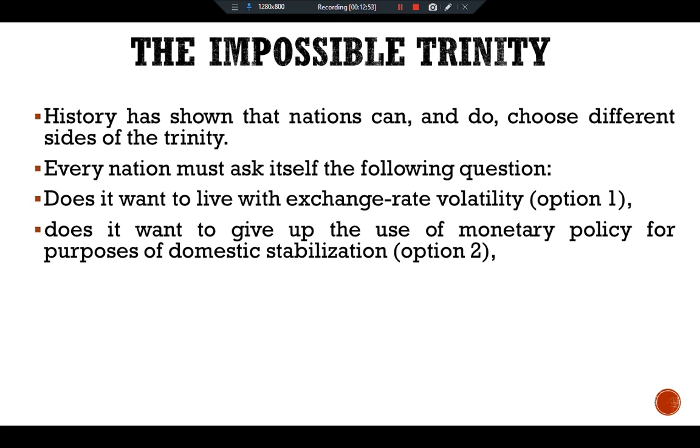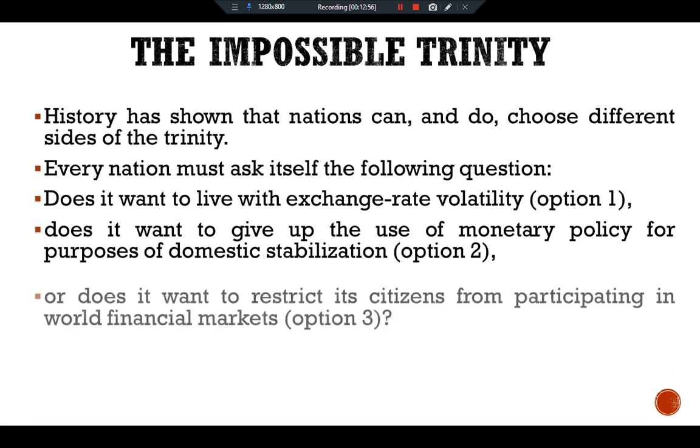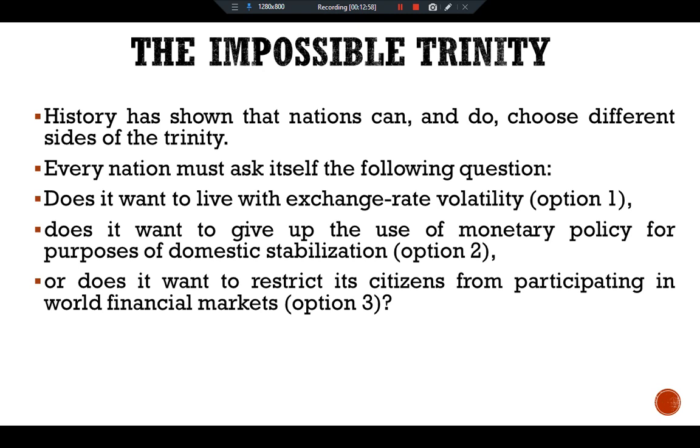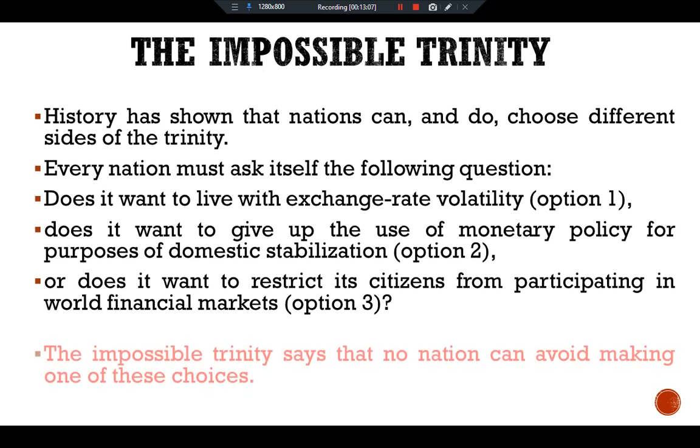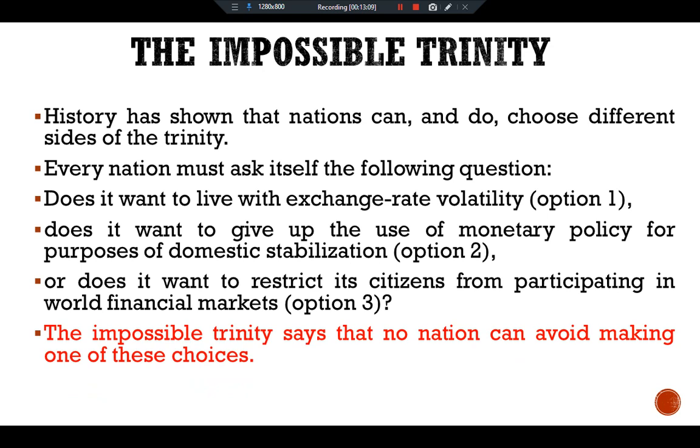This is the second option. While talking about the third option, does it want to restrict its citizens from participating in world financial markets? This is the third option. So the impossible trinity says that no nation can avoid making one of these choices.